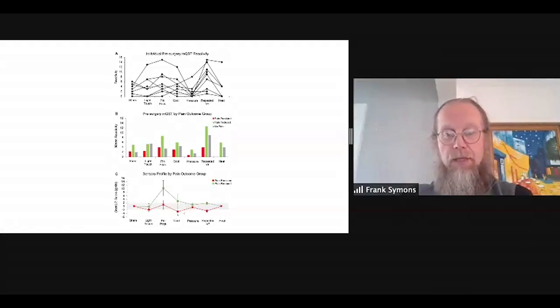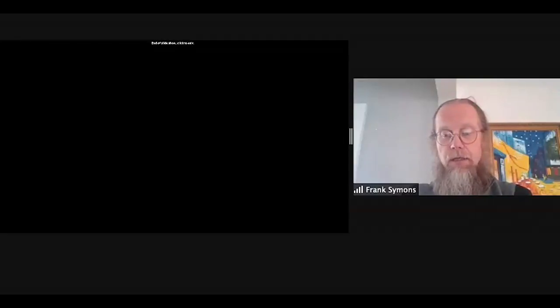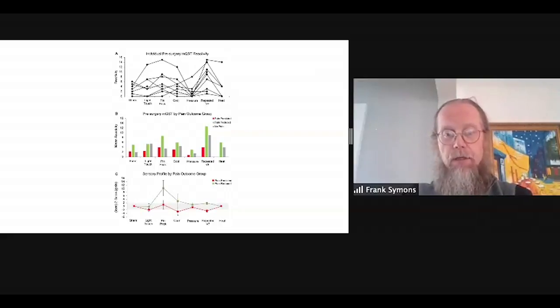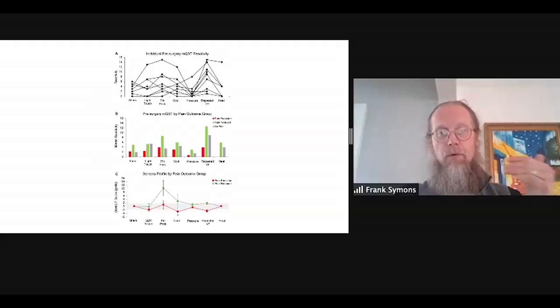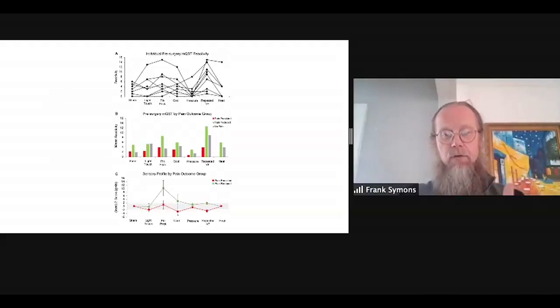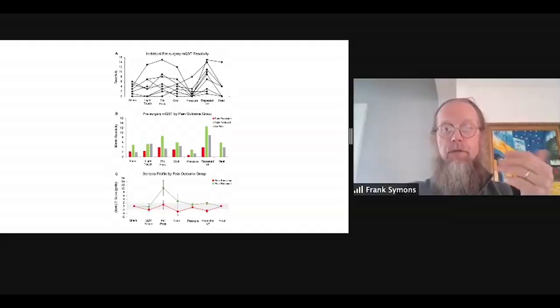And at the same time, the 4 that pain persisted had a loss relative to the no pain controls, where they were less sensitive to cool.